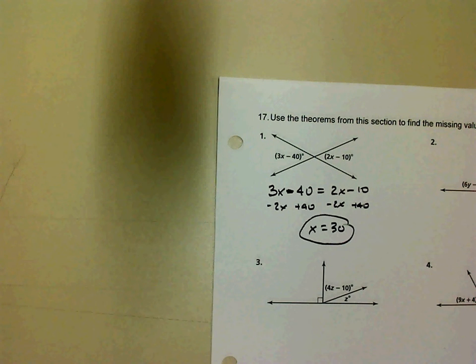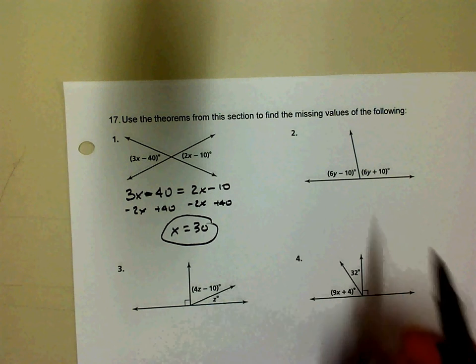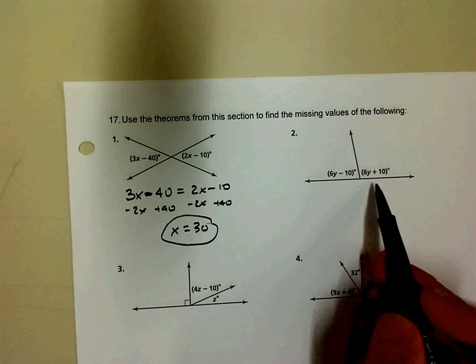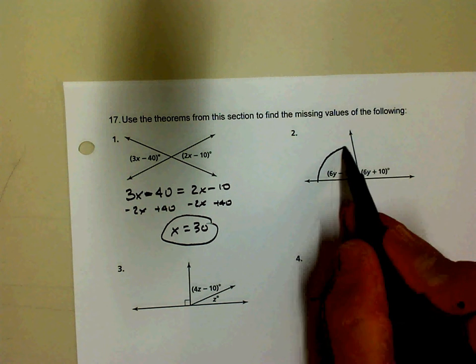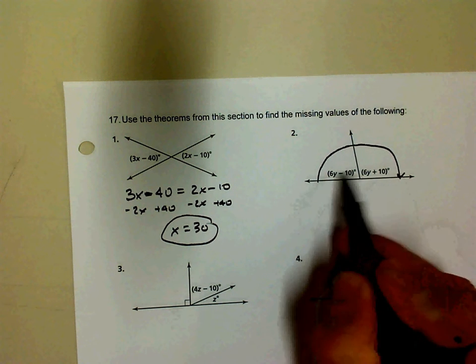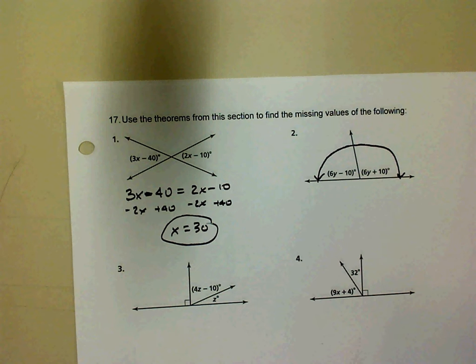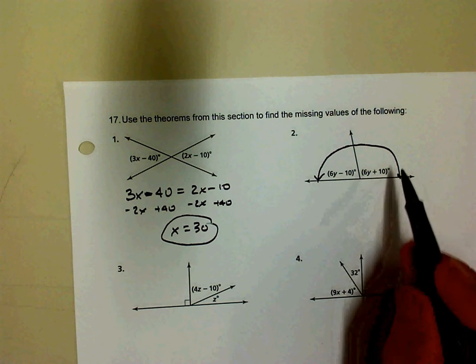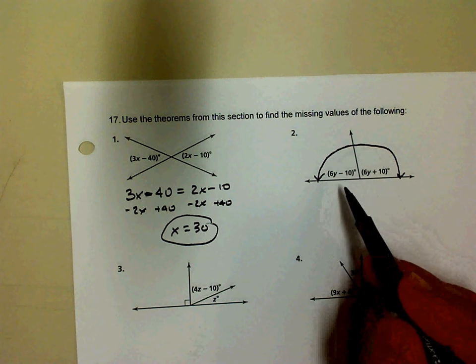The next one is just a definition of supplementary angles here. Both of these together form a 180-degree angle, so therefore, we're not going to set these equal to each other. There's nothing in here that's telling us that these two are equal to each other.